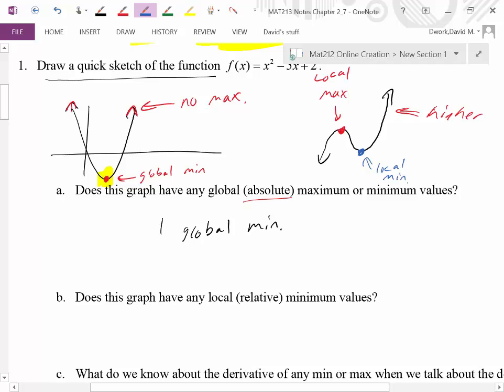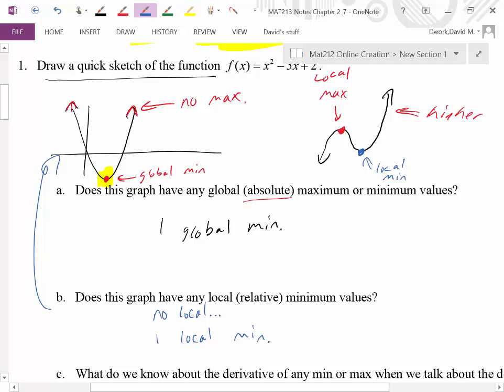For the graph we're looking at, well, if you're a global min, then you'd also be a local min, right? If you are globally the best baseball player on Earth, then that also means you're locally the best baseball player on Earth. So what we would say is, yes, it does have one local min as well.